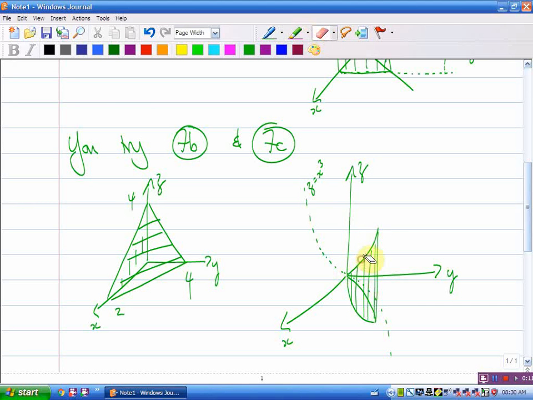Maybe that would actually have a bit of a curve like that. So it's got this lens-shaped cross-section, and it's almost got this sort of ski slope top as it's sliced by the cubic.